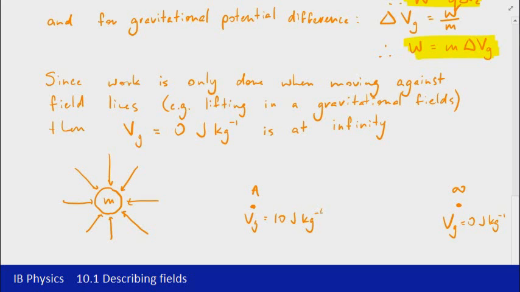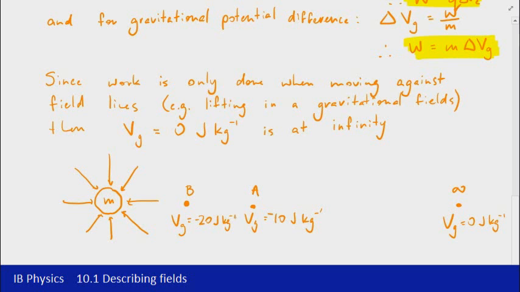So that means that for every kilo of mass we've had to do 10 joules of work on it to get it to point A from infinity. Sorry, it should be negative 10, getting closer. And then if we go even closer again, then B is going to be negative 20 joules per kilo.